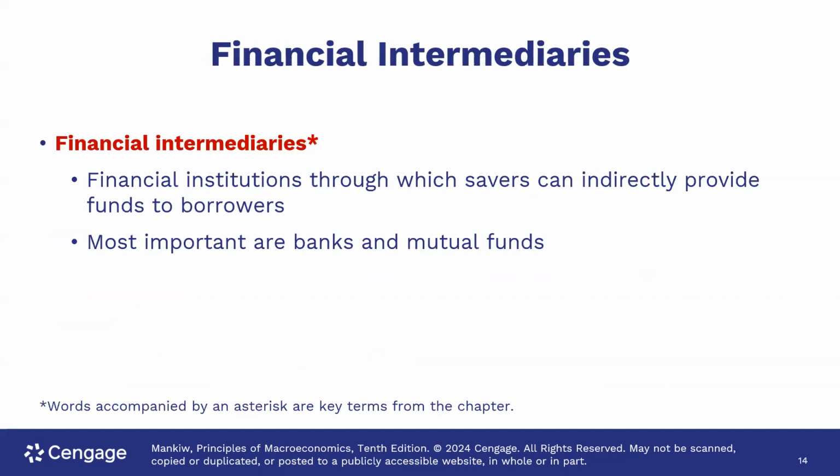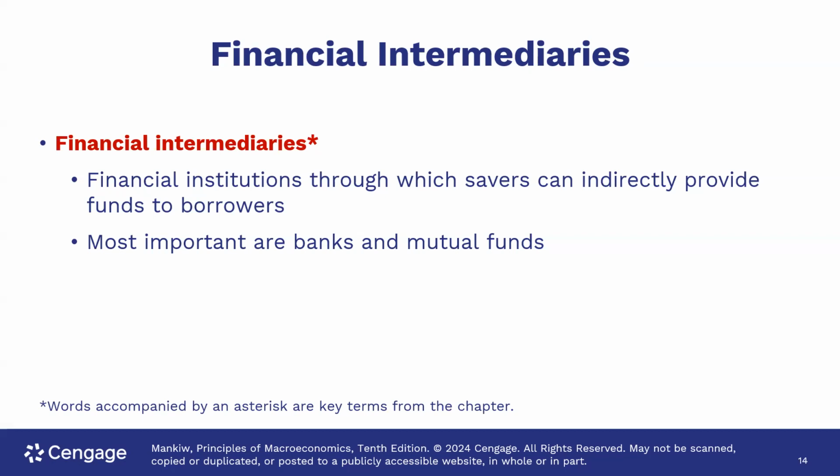Right. So after we talk about the two basic financial instruments in the financial markets, we can talk about the role of the financial intermediaries. The stock and the bond are the two types of ways that the borrower can borrow the money, that the saver can channel the money to the investor.